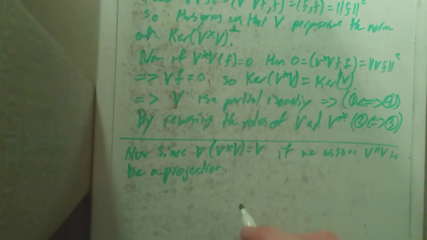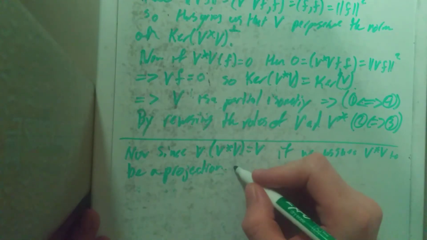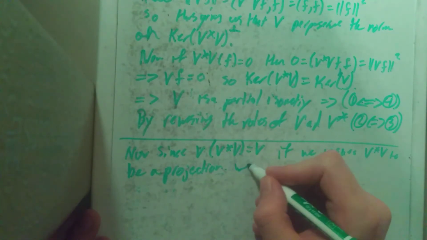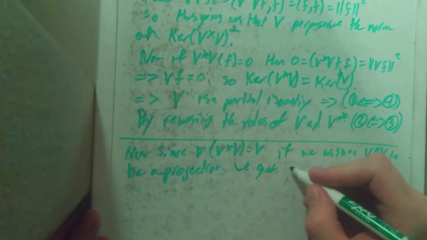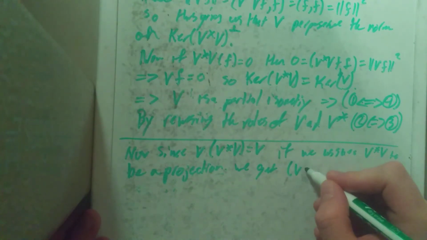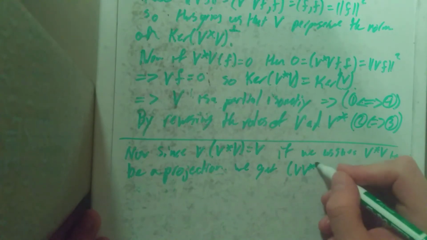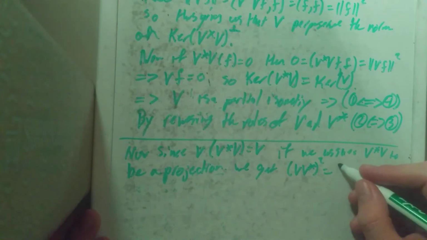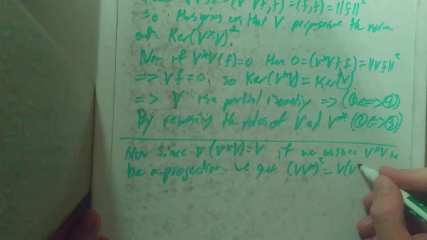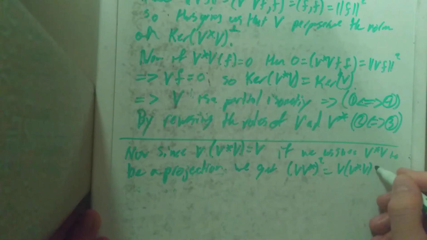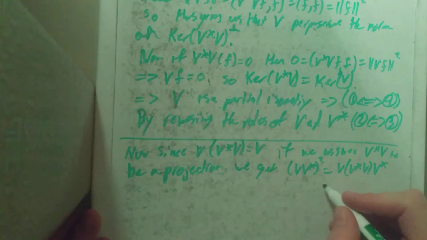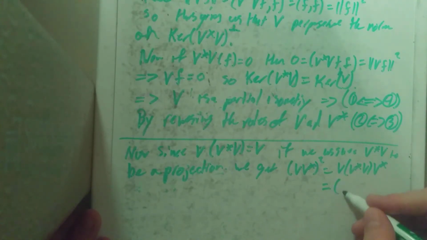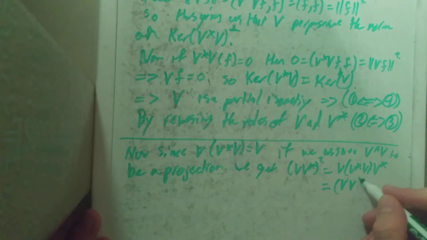So because of this, we get that V star squared is equal to V star V star by associativity, which is just going to be V star.